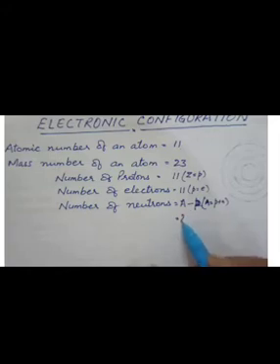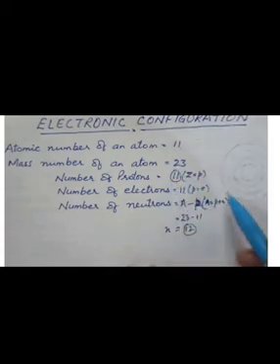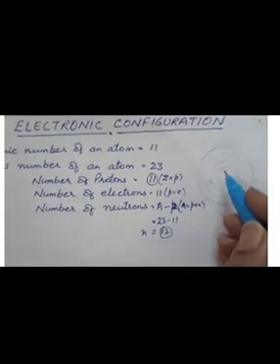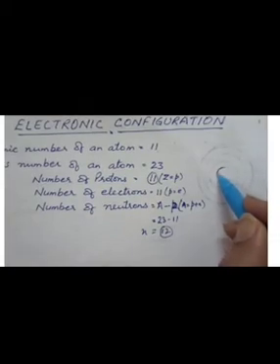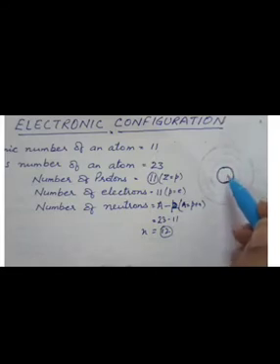Mass number is 23 and protons are 11. So how many neutrons are there? Neutrons are 12, right? And these neutrons and protons, where are they present? In a nucleus. Suppose this is an atom and it is a nucleus, and here protons P is equal to 11 and neutrons are 12. They are present in the nucleus, right?